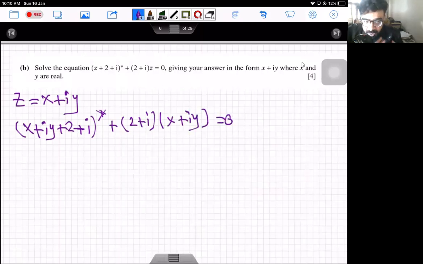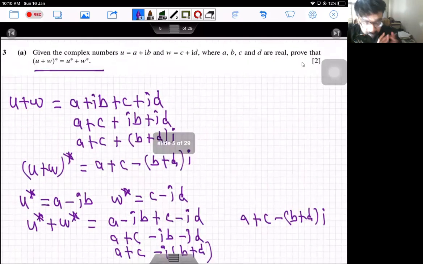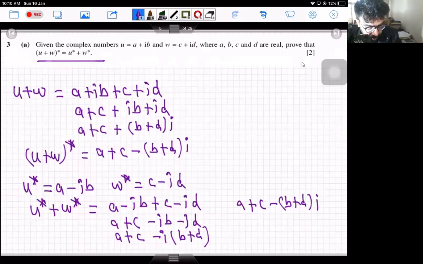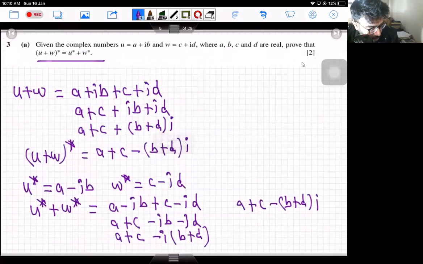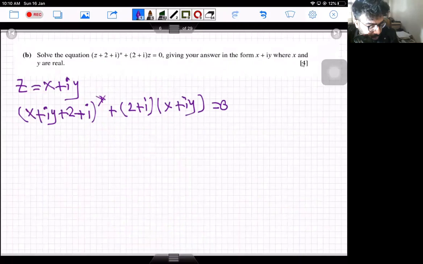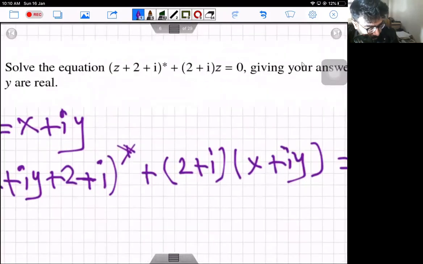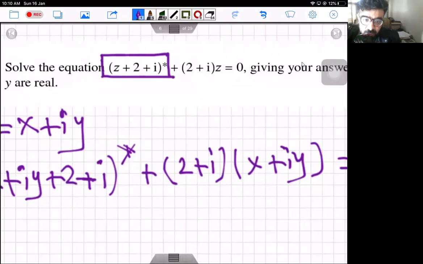Now here we can use the outcome of part A, the thing which we have proved in part A. Since we have already proven that the conjugate of u plus w is equal to u conjugate plus w conjugate, here we just need to focus on this thing first, the conjugate of z plus 2 plus i.